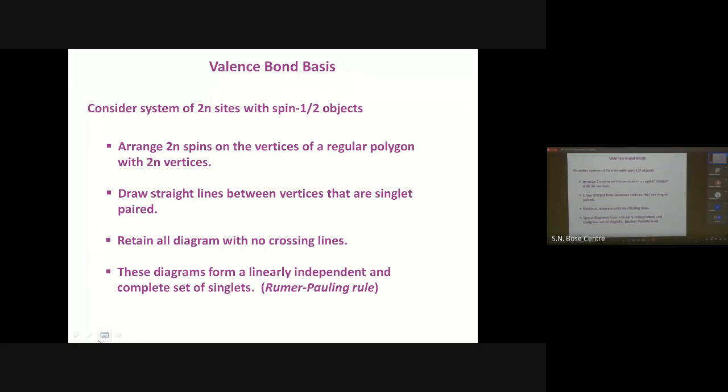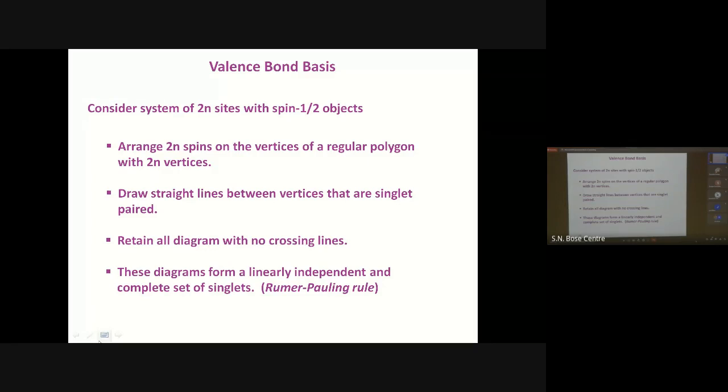If it is 4 spins, you put the sites at the vertices of a square. If it is 6, take a regular hexagon, and so on and so forth. And then draw a straight line between vertices that are a singlet pair. If 1 and 2 is a singlet pair, draw a straight line between sites 1 and 2.